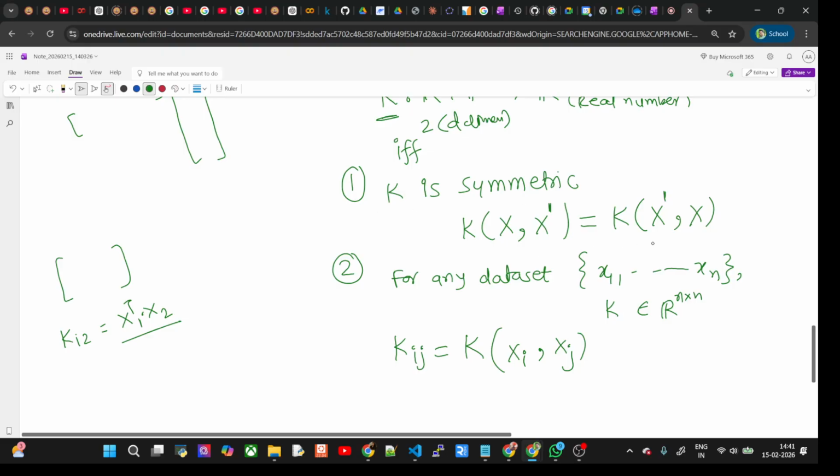Not only k, this complete k matrix should be symmetric, plus this value has to be symmetric too.